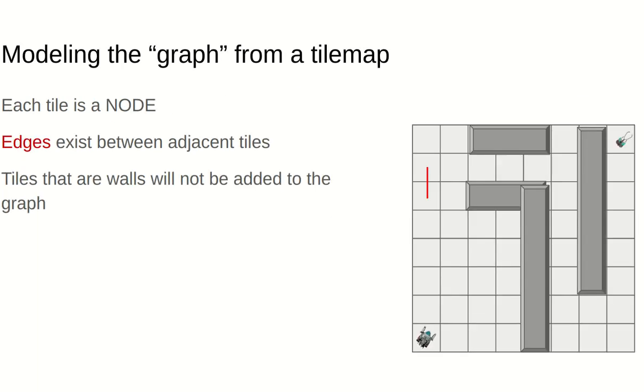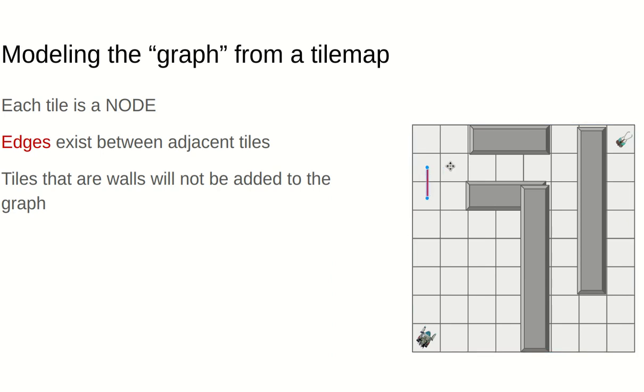All right, so how do we actually start putting this together, particularly when we're talking about a tile map? I look at a tile map and I'm first looking at these graph algorithms, thinking how I could use this on my tile map, and the edges don't make sense, and the nodes, I don't want to go to the intersection of 4 tiles. I want to go to the center of the tiles. So the actual approach is to consider each tile a node, and the edges that connect them are adjacency.